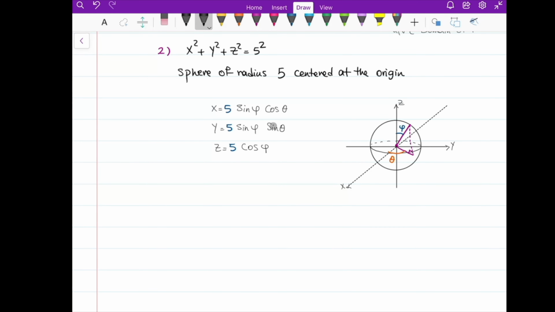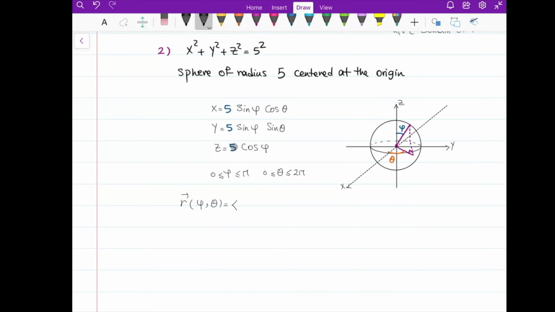Okay, so as you see, I have two parameters, phi and theta, to parameterize my sphere, and phi is between 0 and pi, and theta is between 0 and 2 pi. Okay, so the parameterization for the sphere has two parameters, phi and theta, and then I have the x coordinate, y coordinate, and z coordinate.